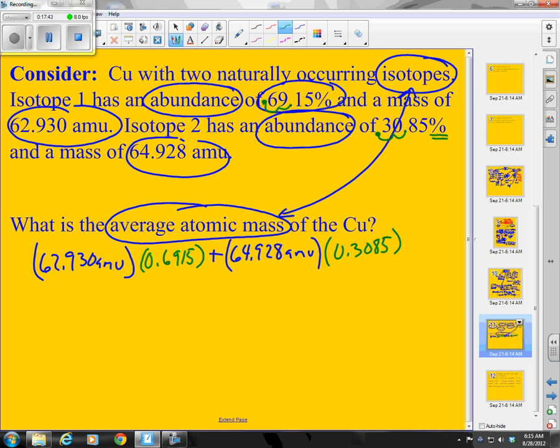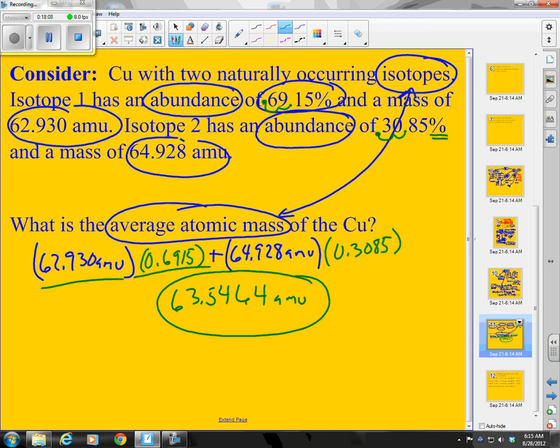There we go. I get 63.546, and I'm going to end up with 63.5 in terms of sig figs. There we go. 63.5464. And what did I do? I took the mass 1 times abundance 1, mass 2 times abundance 2.